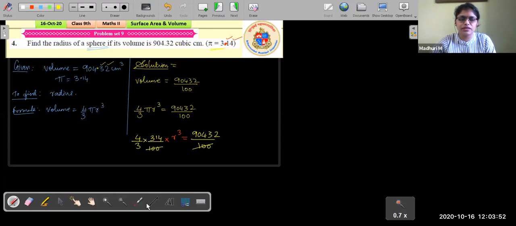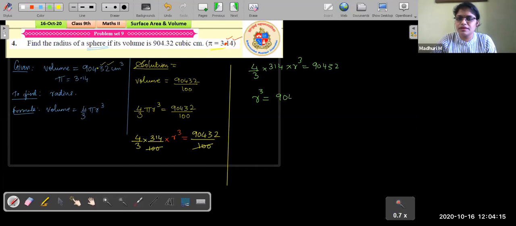What are we left with? So that is 4 by 3 times 314 times r cube, which is equal to 90432. Okay, and now we will move the numbers to the other side so that we are left with 3 over here.